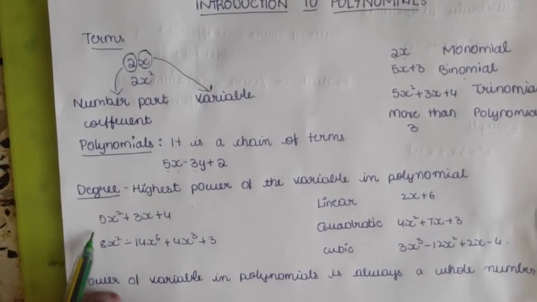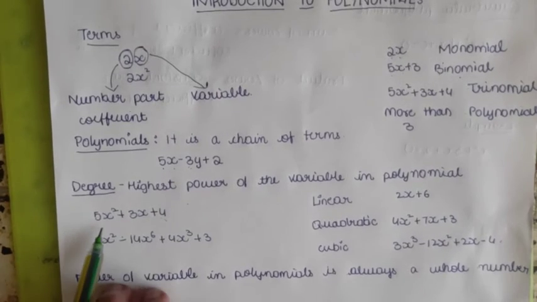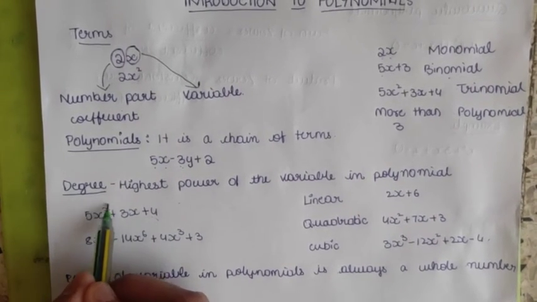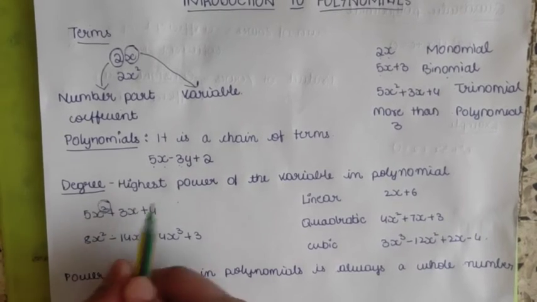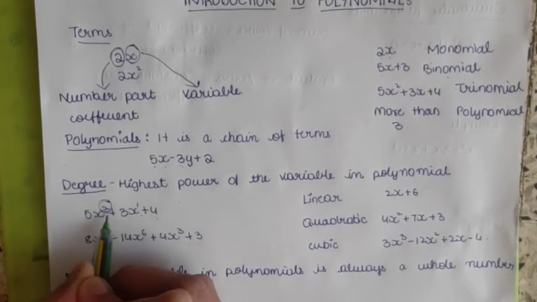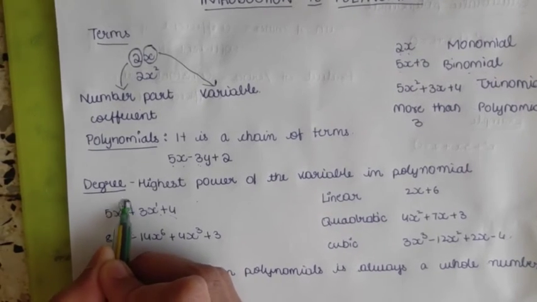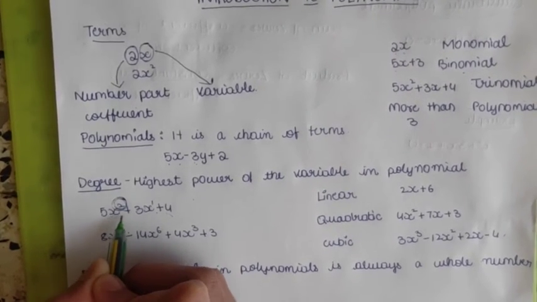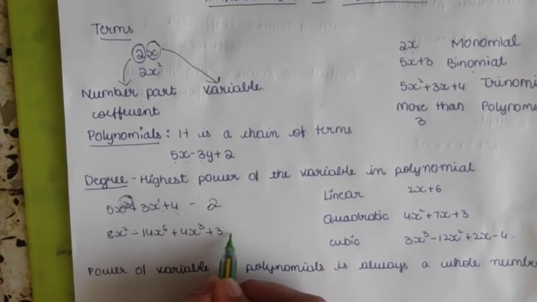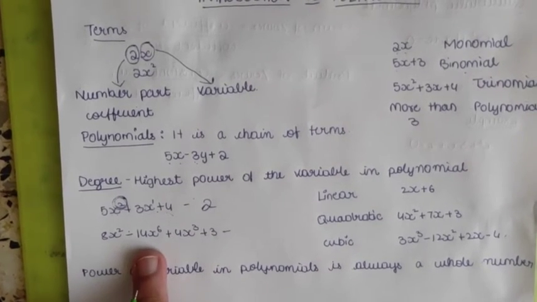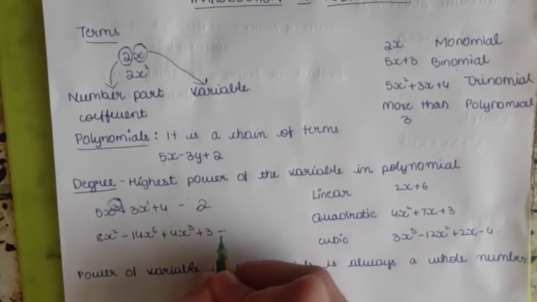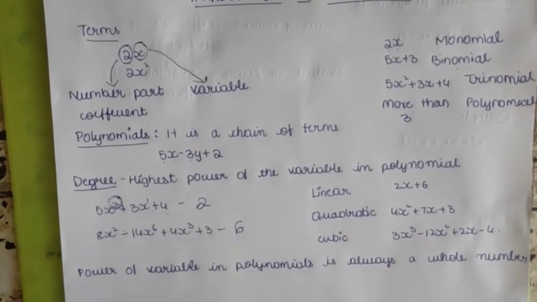In the first example you can see that x has the highest power, 2. Here we have x, and if nothing is written, the power is 1. So 2 is greater, and the degree of the polynomial is 2. In the second example, 6 is the highest power.